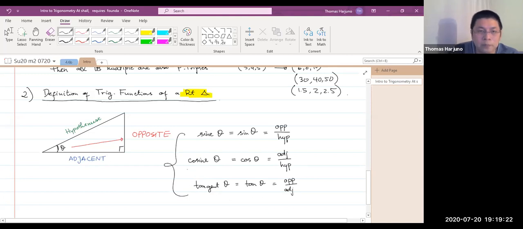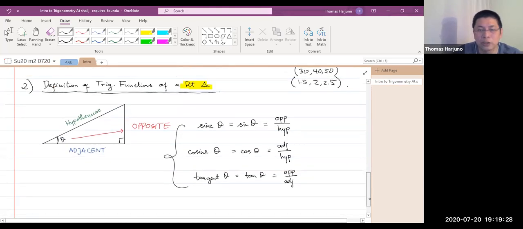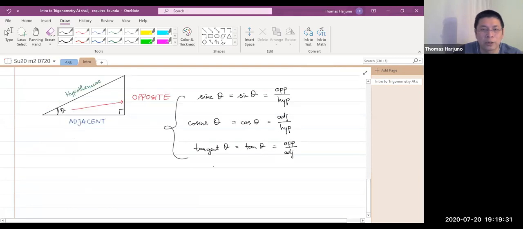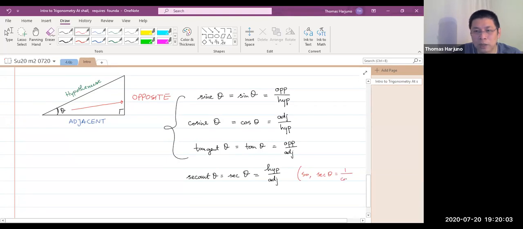There are three more: secant, cosecant, and cotangent. Secant theta, denoted by sec theta, is the reciprocal of cosine, so hypotenuse over adjacent. Secant theta is the reciprocal of cosine theta.